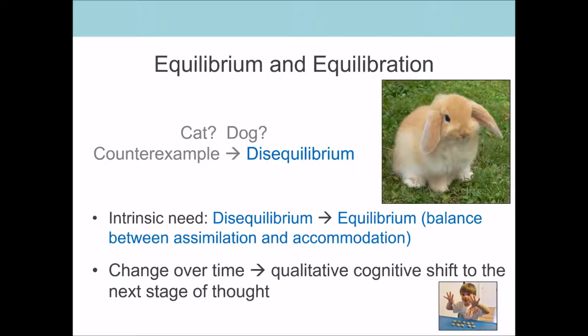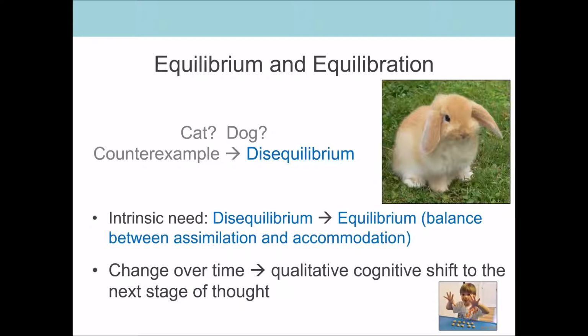So you know, when you see an animal, right, here we've got a bunny, right, we recognize that now, but a young kid, their first time seeing it, they don't know that. So they're asking themselves, is this a cat? Is this a dog? We would call these counter examples. They don't fit with our pre-existing schema. This makes us feel disequilibrium. I don't really know something. I don't know how this fits. I don't know how to make sense of this. We don't like that feeling.